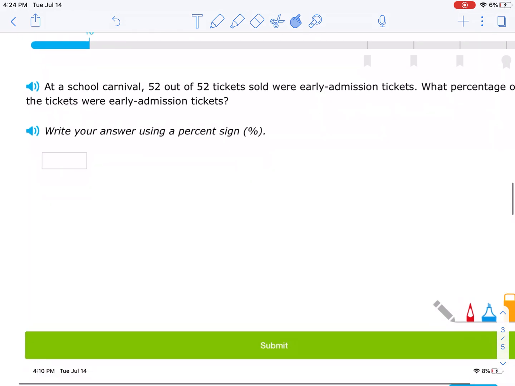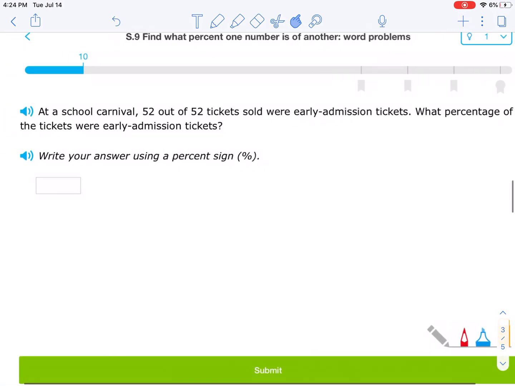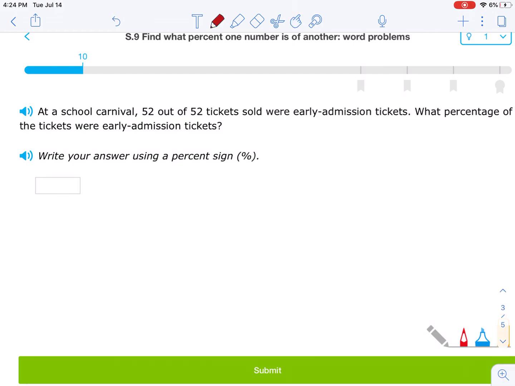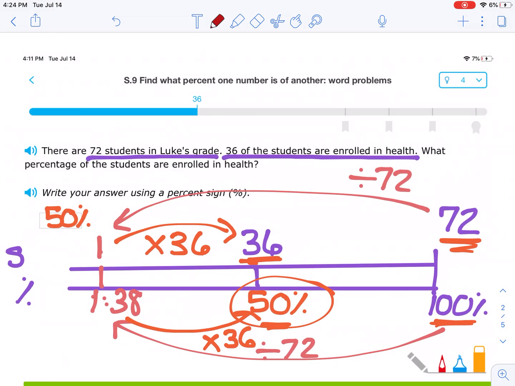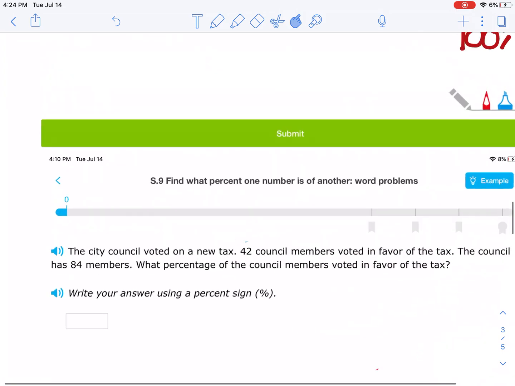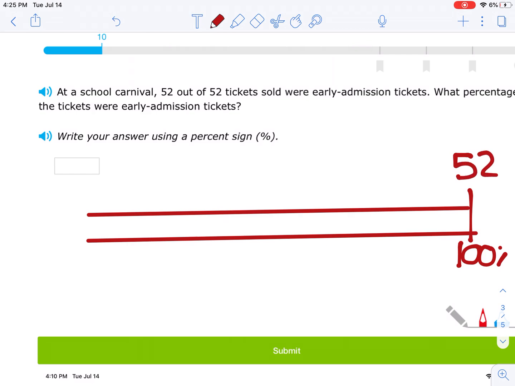Next question. At a school carnival, 52 out of 52 tickets sold were early admission tickets. What percentage of the tickets were early admission tickets? All right, so this one we really don't have to do work, and you're probably going to say, duh, that makes sense. But I'm going to show you anyways. There's 52 tickets.